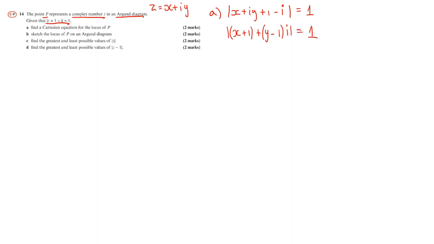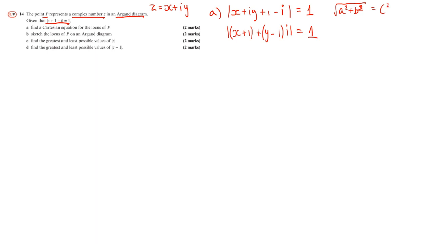Also, just to say before, this is a circle. That's just something you've got to know. That form means it's a circle, but we're going to prove that now. So the modulus is the same as the square root of a squared plus b squared, because what we're doing is Pythagoras.